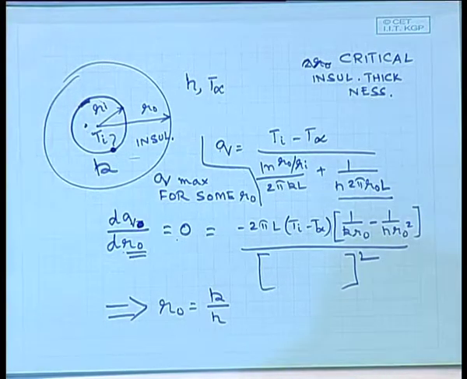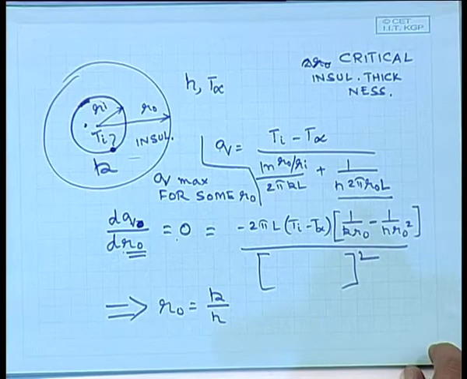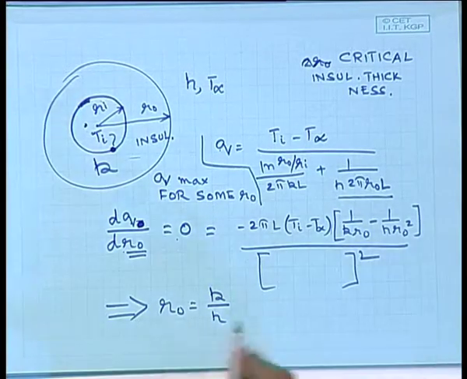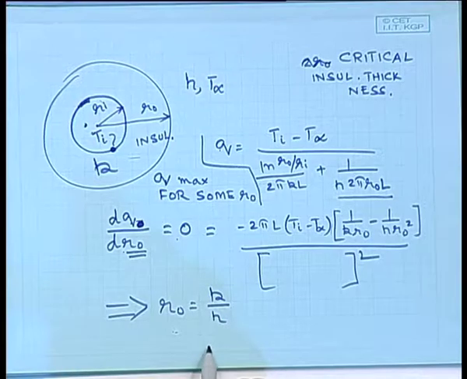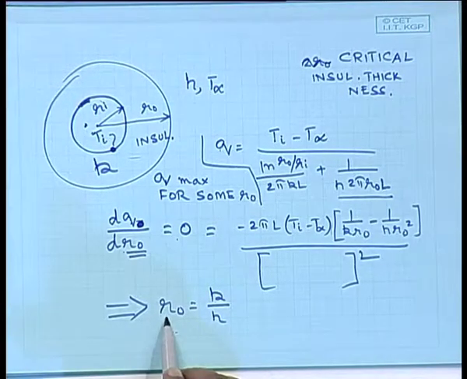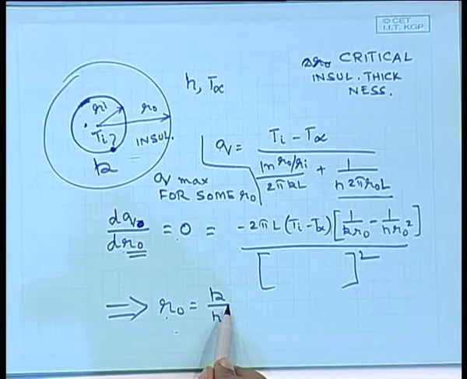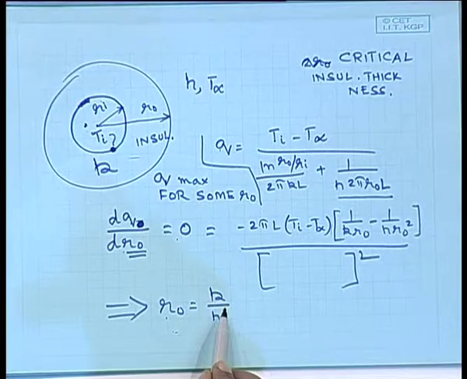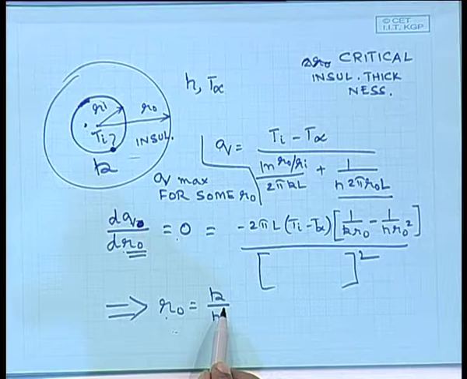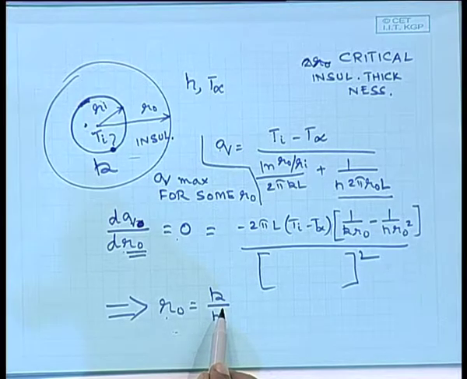But what is the physical significance of that? That is much more important. The result simply tells us that as long as your R0 is less than this value, you are going to increase heat loss from the pipe by adding insulation, contrary to our expectations.